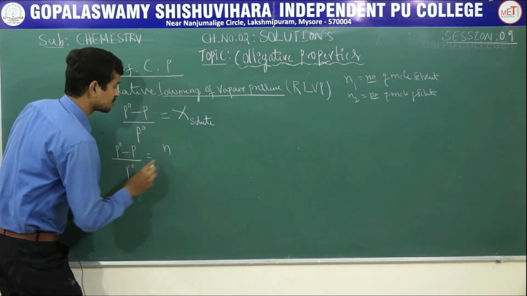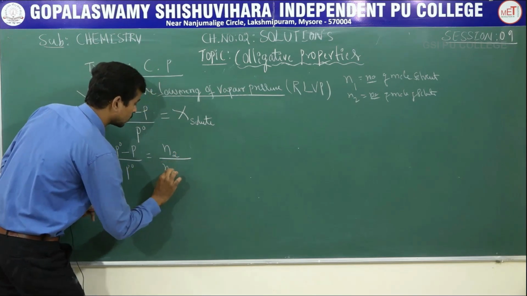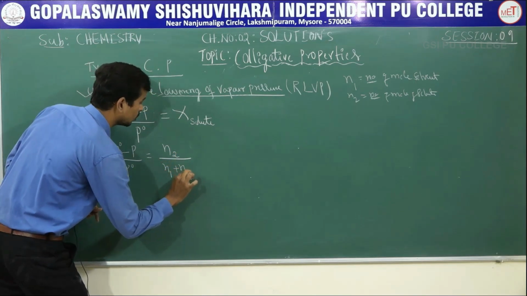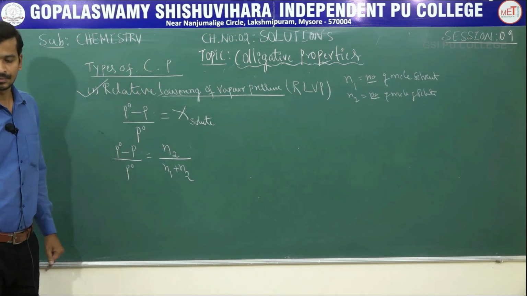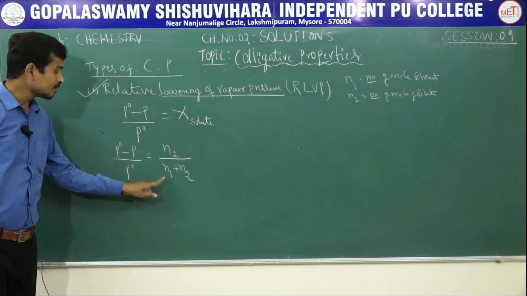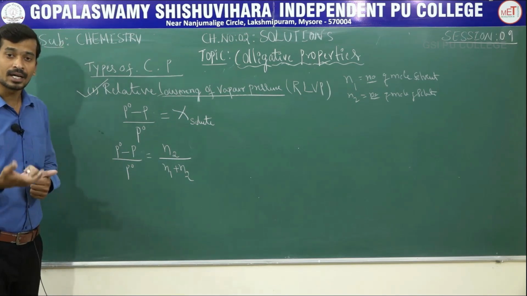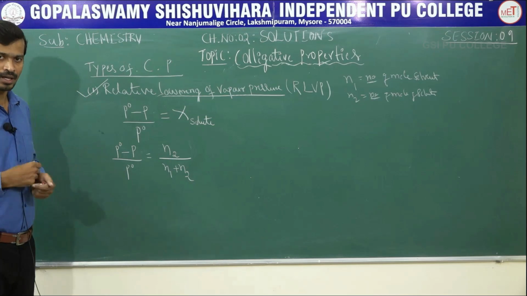Hence the mole fraction of solute is the number of moles of solute divided by the total number of moles of all the components, where N2 is the number of moles of solute and N1 is the number of moles of solvent. How to find the number of moles? Mass divided by molar mass. Clear?